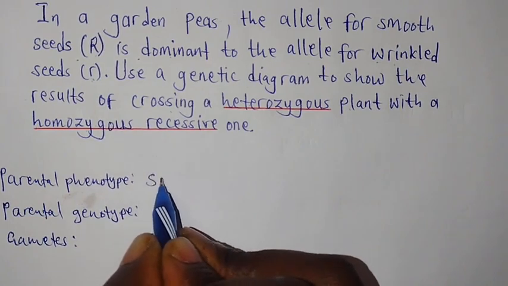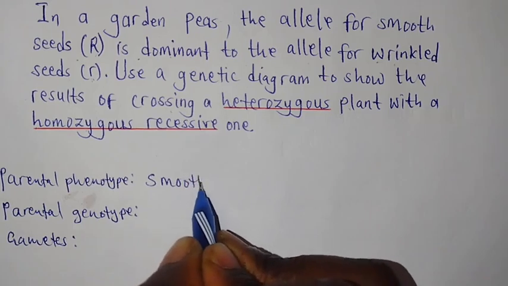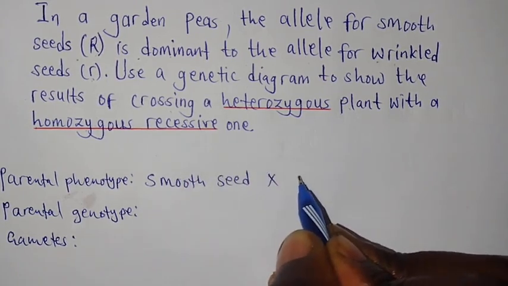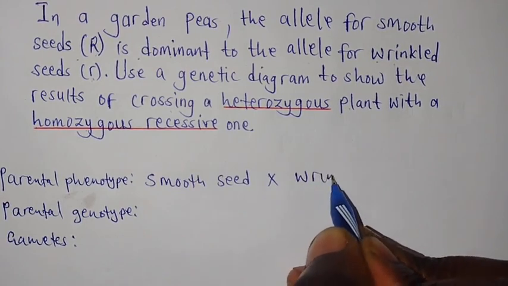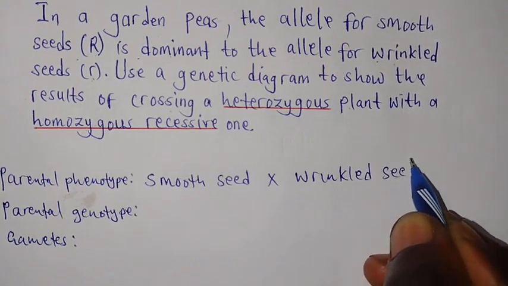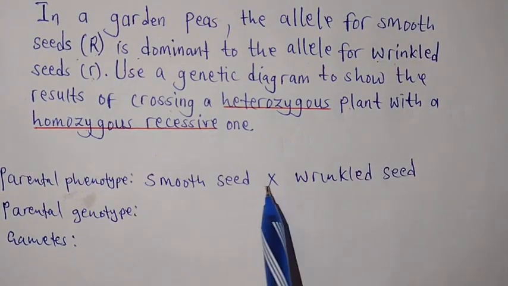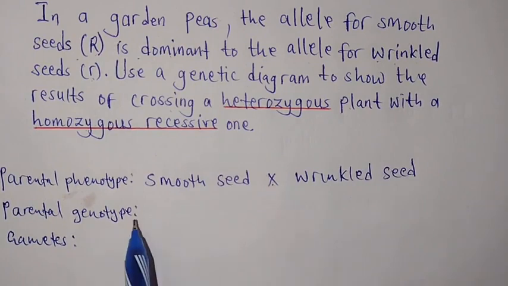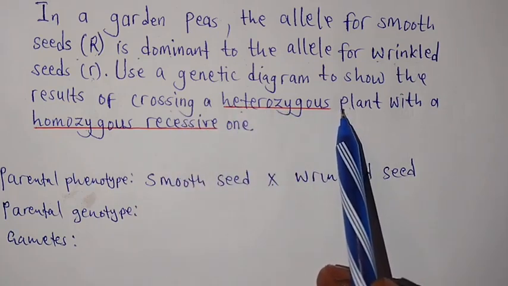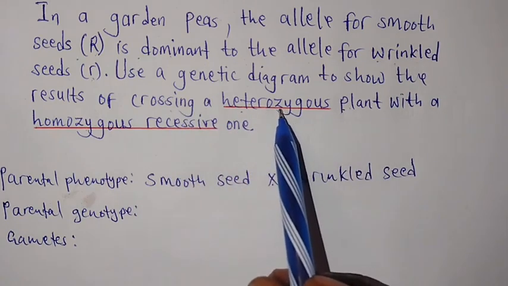So you say smooth seed crossed with wrinkled seed. Very important, here you need to put a cross. Then the genotype: we are crossing a heterozygous plant, so this one will have different alleles.